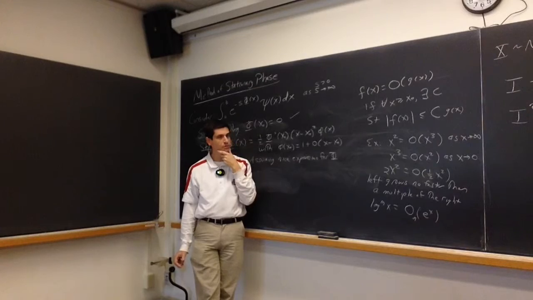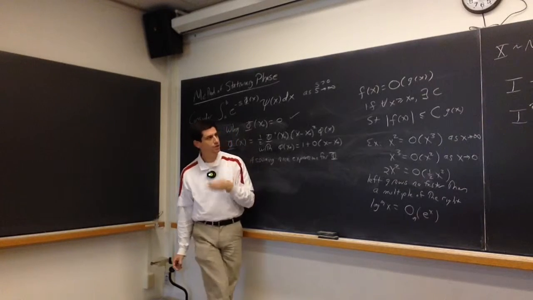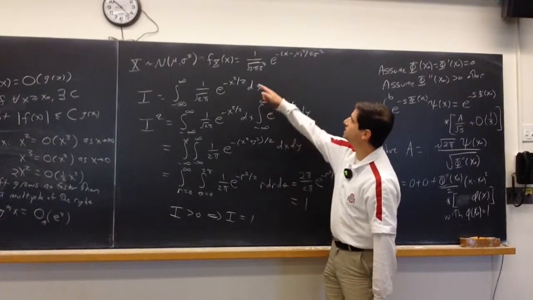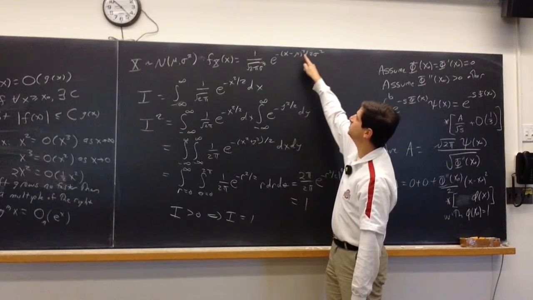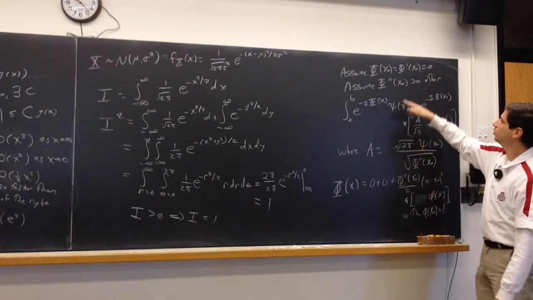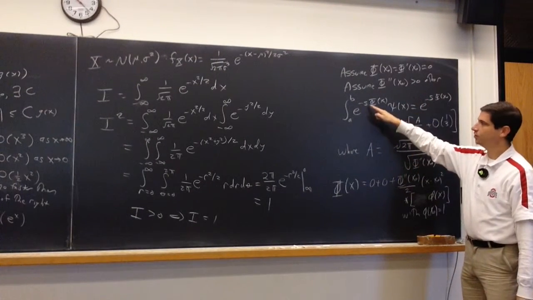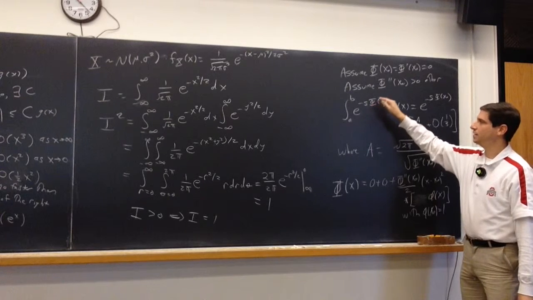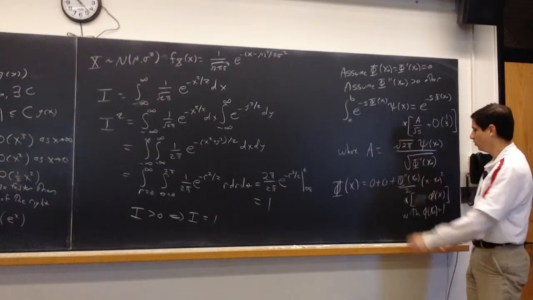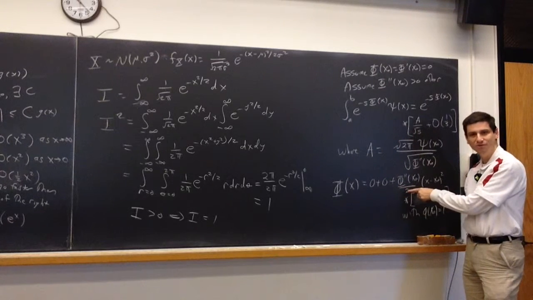The other thing is, in terms of a normal, if we go back over here, we see that, oh good, it does swivel. We see that it's e to the negative x minus mu squared over 2 sigma squared. So what we had over here, we want to have some quantity squared divided by 2 sigma squared. Well, if you look at the Taylor series, we've got a 2 coming right here.